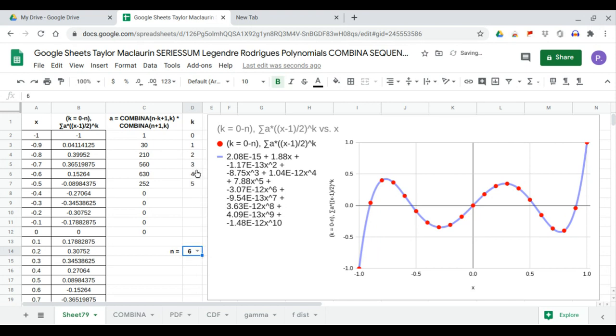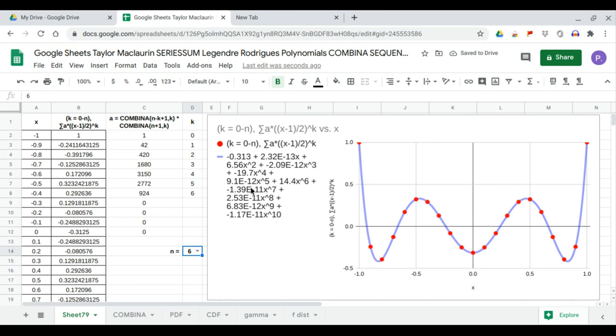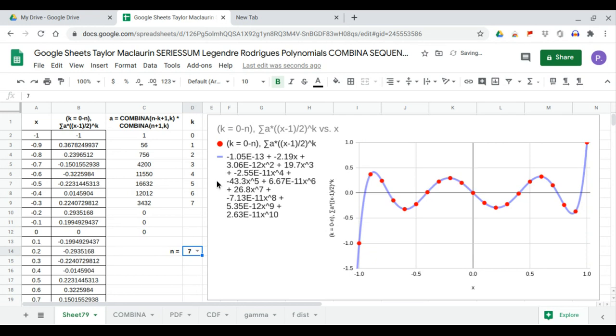And n equals 6. Our value for y is negative 0.313 plus 6.56x squared minus 19.7x to the fourth plus 14.4x to the sixth, and all these are 0. And x to the seventh.